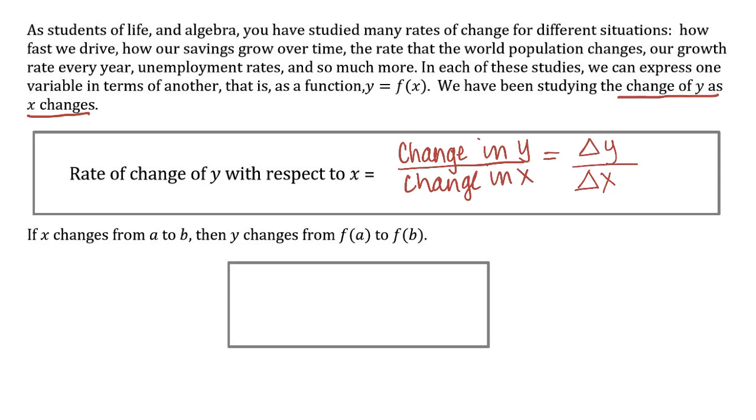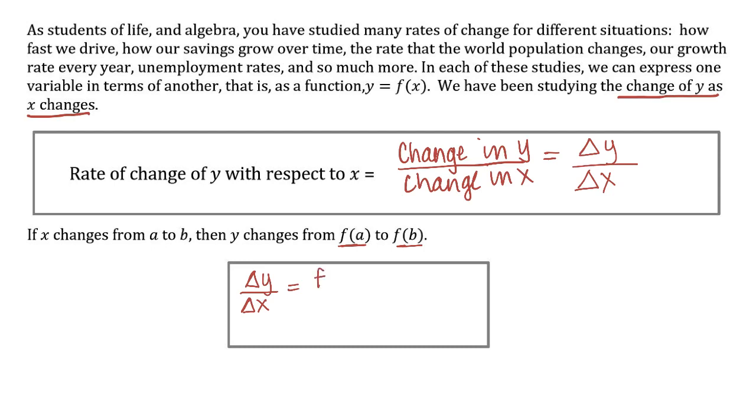Now we can transform this into something a little more familiar to us, especially with our f at a and f at b. So we can even break this down more when we talk about changing y's over changing x's. That should sound a little familiar because it's talking about slope.